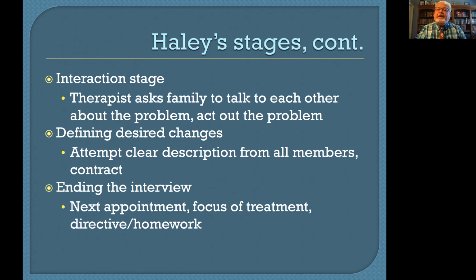Ending the interview, it's important to focus on whether there will be a next appointment and when, and who will attend, what the focus of treatment is, which is based upon what has been discussed about desired changes, as well as any directives or homework that the worker would like the family to do before returning.